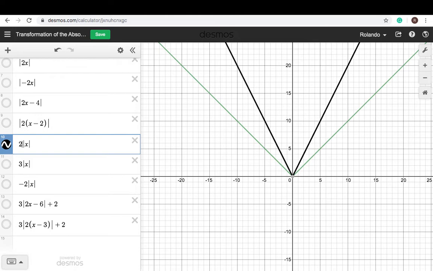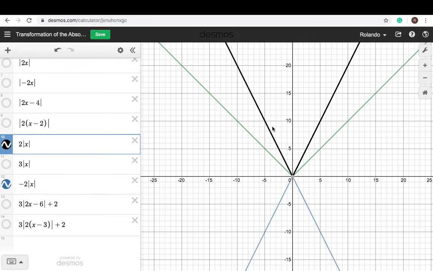Now, what will happen if from 2 times the absolute value of x we make it 3 times the absolute value of x? The absolute value graph becomes narrower and narrower. Now, I want you to compare the graph of 2 times the absolute value of x and negative 2 times the absolute value of x.